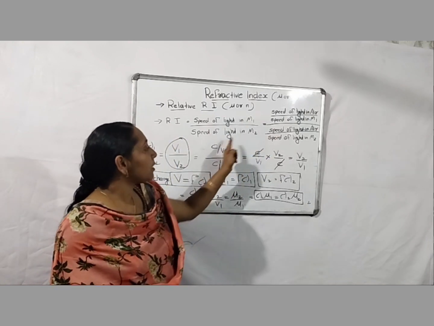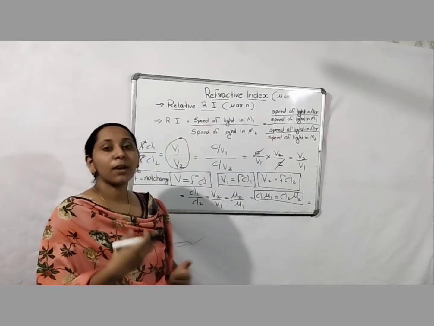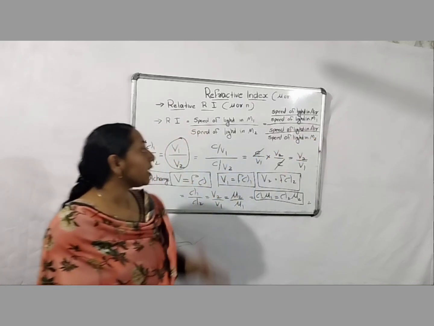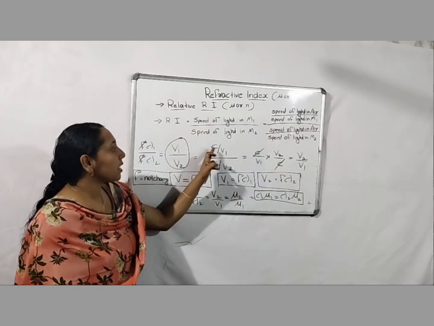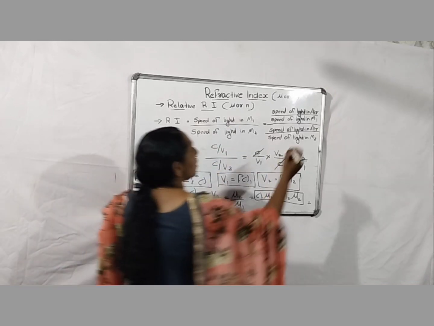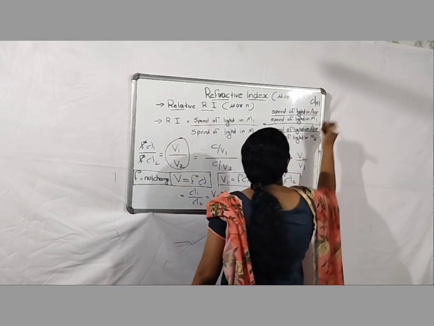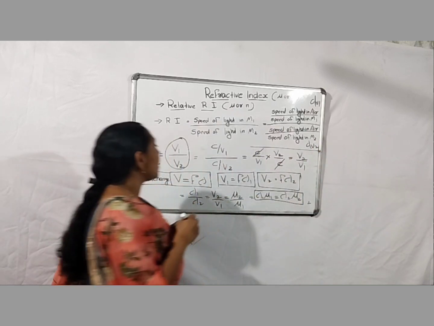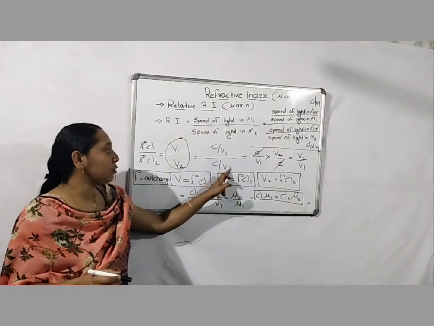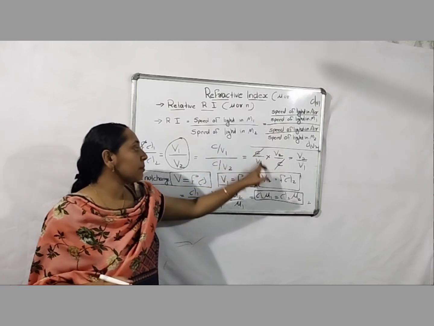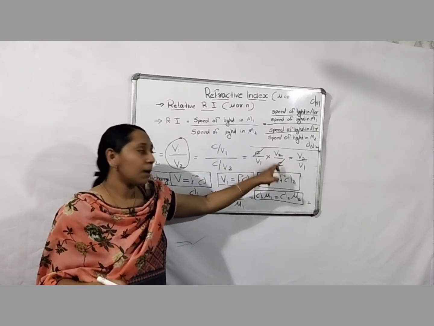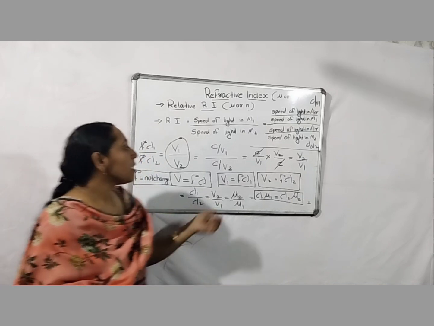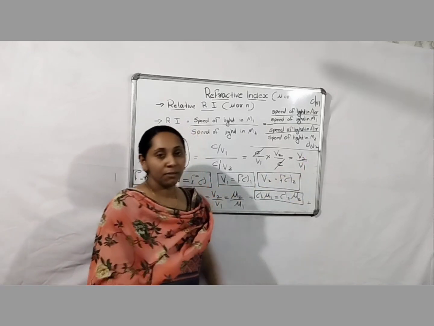Similarly, speed of light in medium 2 in absolute way: speed of light in air divided by speed of light in medium 2. The expression is c by v1 and this one is c by v2. In multiplication form, c by v1 into v2 by c. Both the c's are cancelled because speed of light in air is the same. So I am getting the expression v2 by v1.